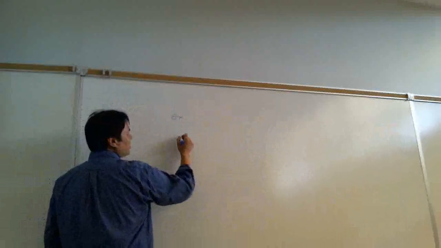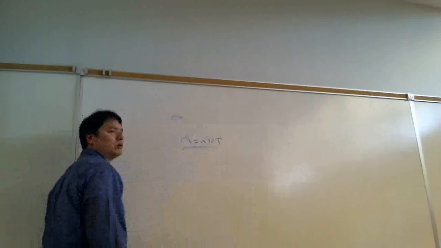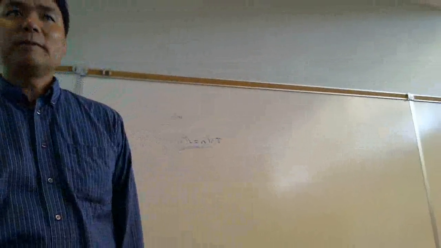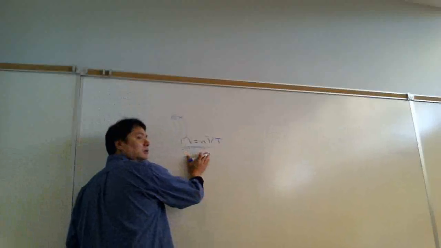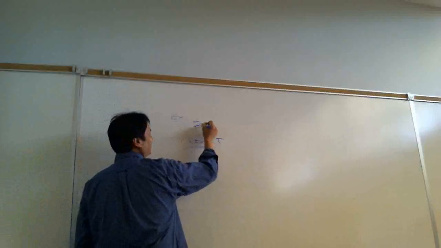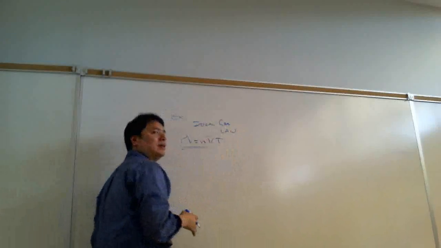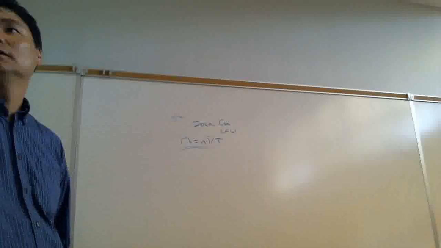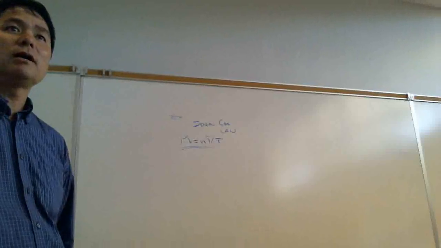Let me give you another example of an equation. PV equals nRT. Where did this equation come from? Well, everybody recognizes this. This is called the ideal gas law. And so we're at the law, but where did this law originate from?